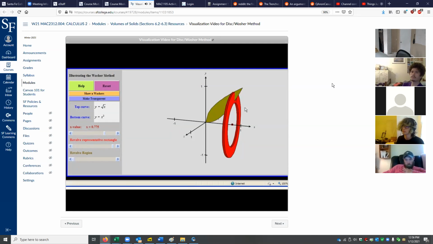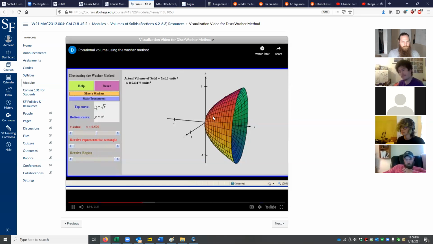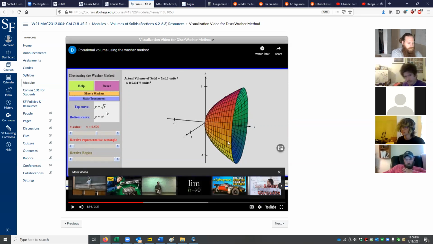And for each slice of this curve, we will get a rotated washer. If we get a whole bunch of those little slices and we rotate them all, then we're going to get our actual shape, or at least a good approximation of it. In the long run, we're going to get the actual shape. All right, so I invite you guys to watch those in your own time. They are very helpful for understanding and visualizing what's going on here.